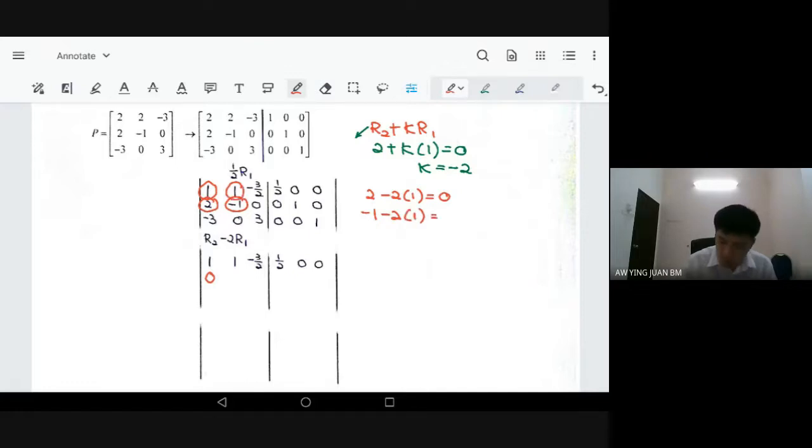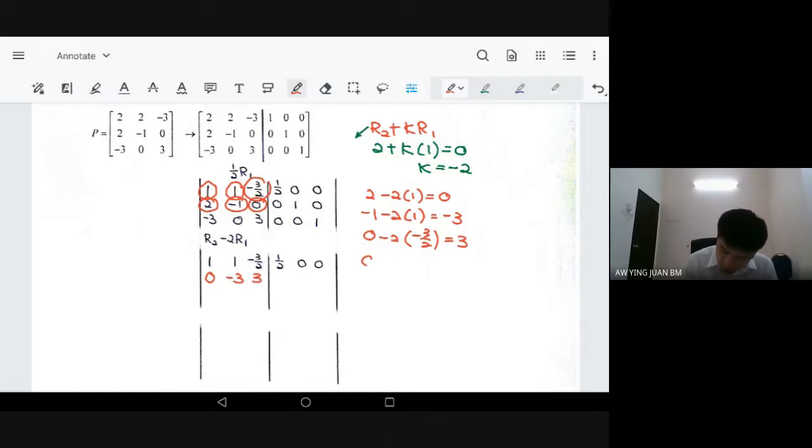So we will have negative 3. So in here, we fill up negative 3. Next, 0 for row 2, minus 2 multiplied with negative 3 over 2. So our answer becomes 3. So we fill up the 3.